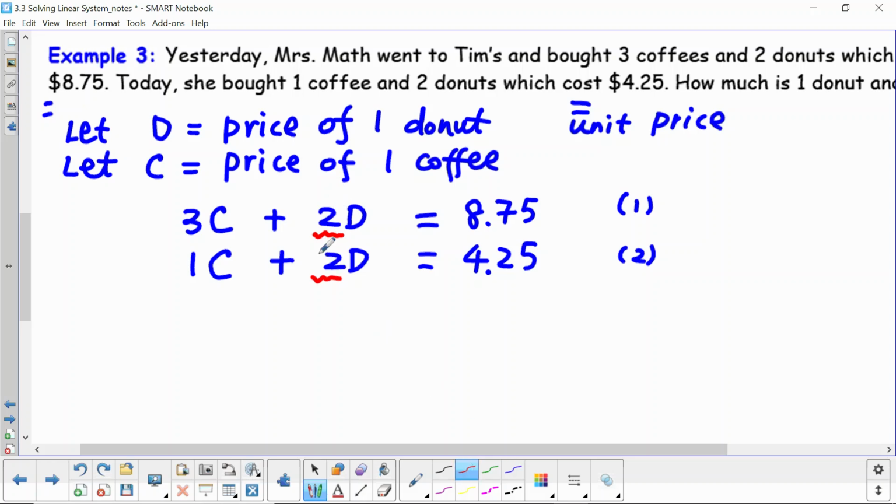If one variable they are same, then it's better to use an elimination method, because if they are same, we could subtract, then we can get rid of it. So minus. We don't need to times any numbers, they are same already. So equation 1 subtract equation 2.